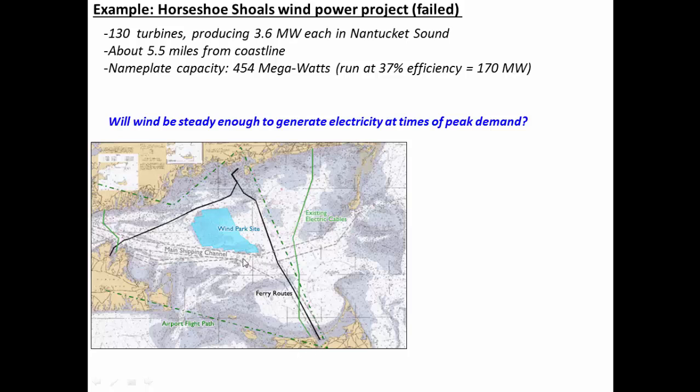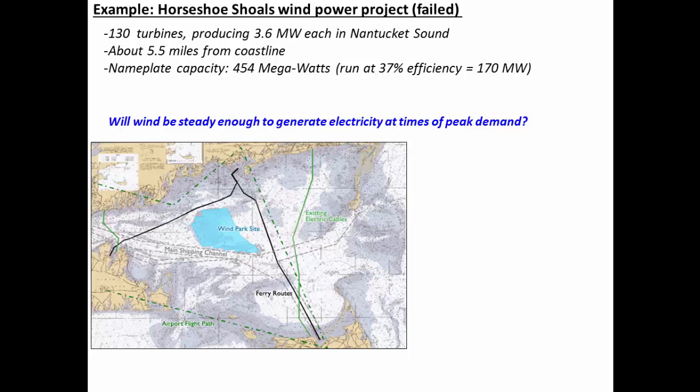These were going to be big offshore turbines. The total capacity was going to be about 454 megawatts, but running at only about 37% efficiency, which would give you an annual generation of about 170 megawatts. So we'll see later that's a lot of electricity.